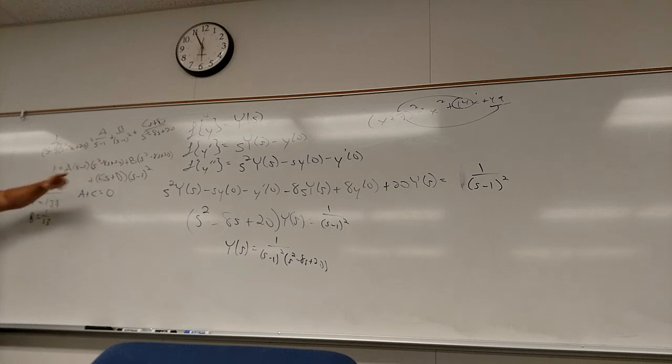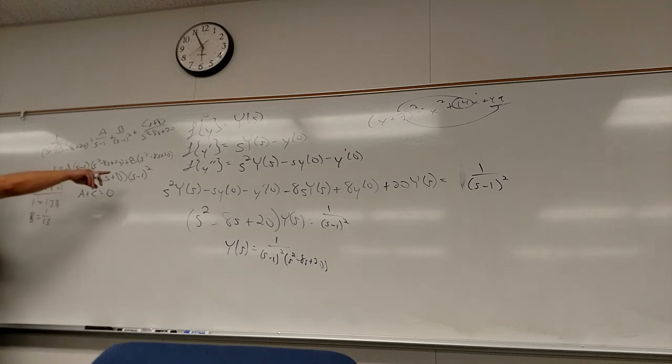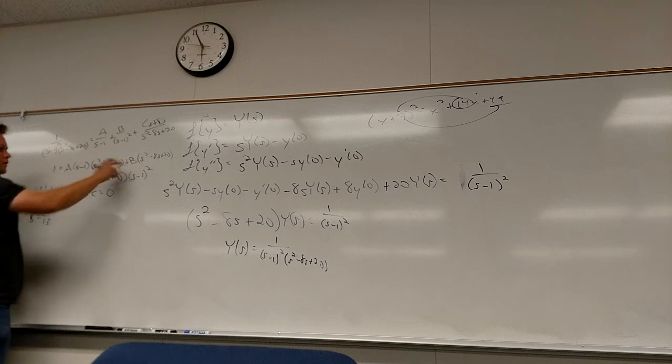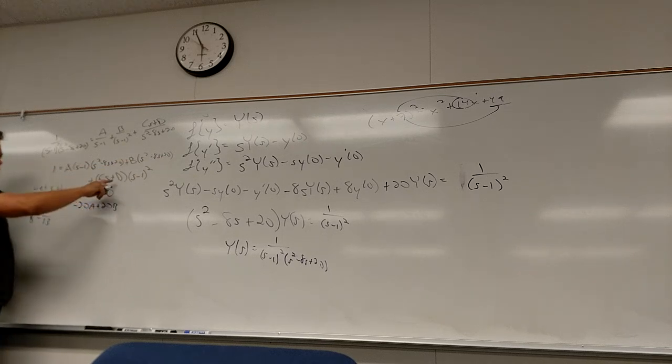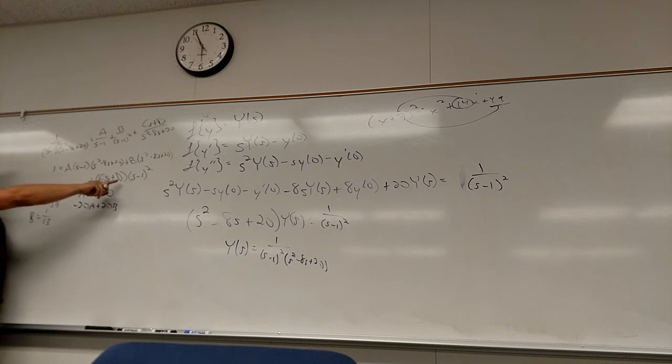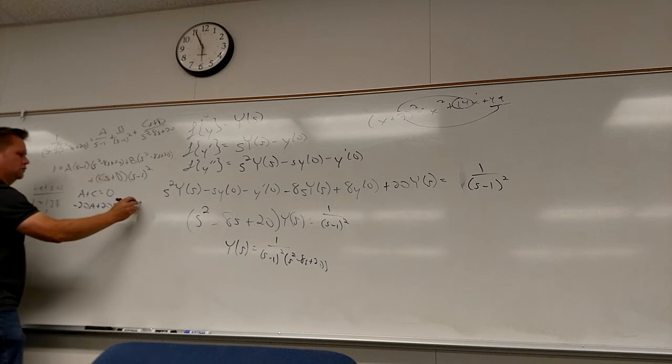Now, I got to bring the rest of this in here somehow. I'm probably going to have to break down and do more than that. What about constants? Negative 20A, plus 20B, plus D, that's going to equal 1.